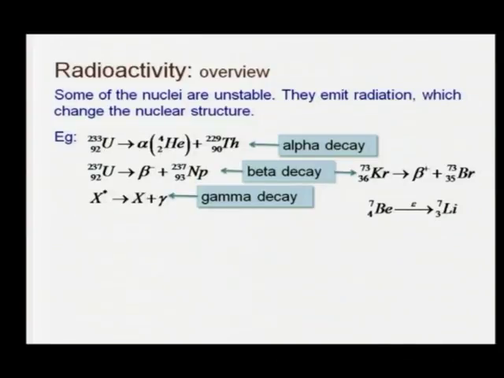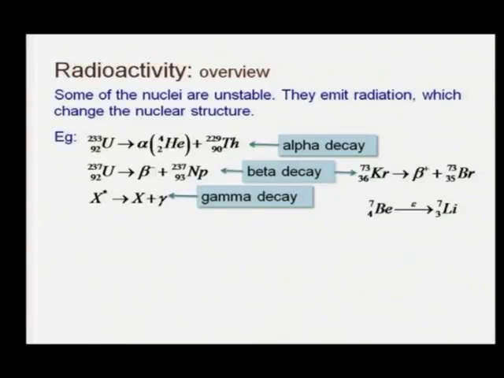Now, the nucleus can capture one of these electrons and thus reduce its charge by 1 unit. So, the Z number is reduced by 1 unit, and so it becomes a lithium nucleus with 3 protons and 4 neutrons.